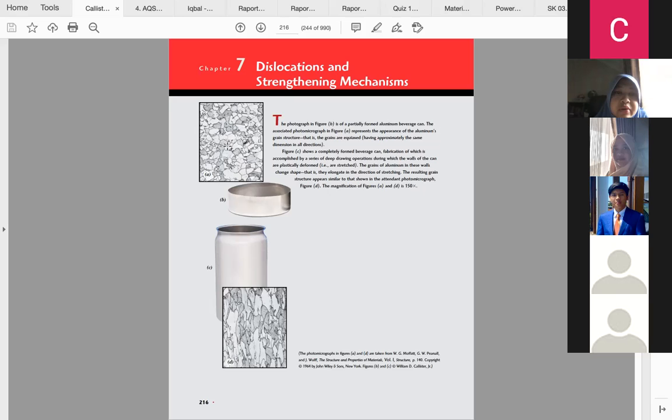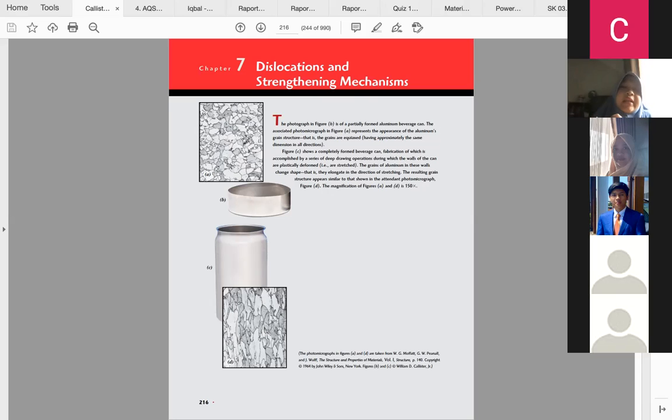A very tiny, this is actually 1 grain, 2 grain, and so on. So these are the grains. Figure A represents the aluminum grain structure. That is, the grain is equiaxed, having approximately the same dimension in all directions. It's not round, but I think the diameter is quite average.